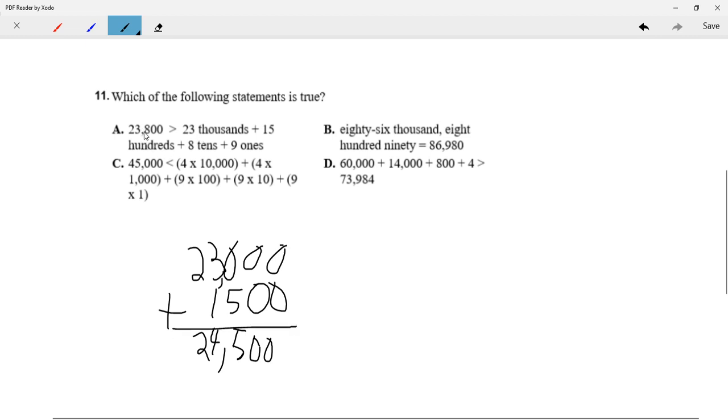Is 23,800 greater than at least 24,500? We don't even have to add the ones. So this one cannot be right.